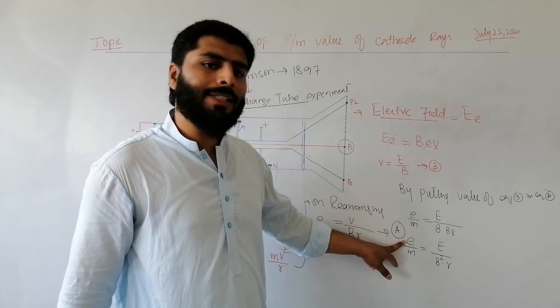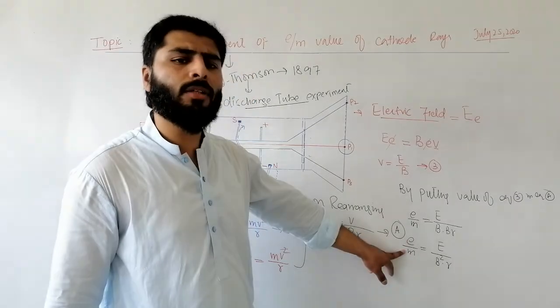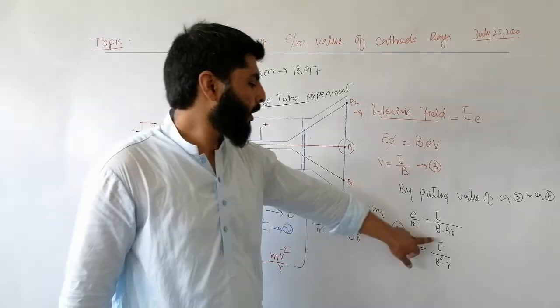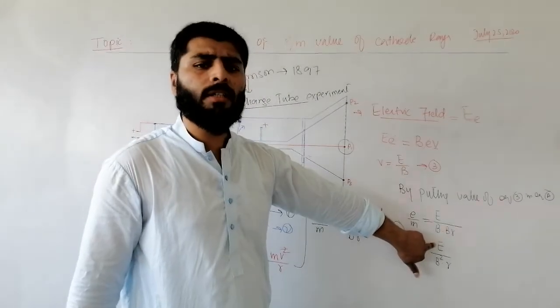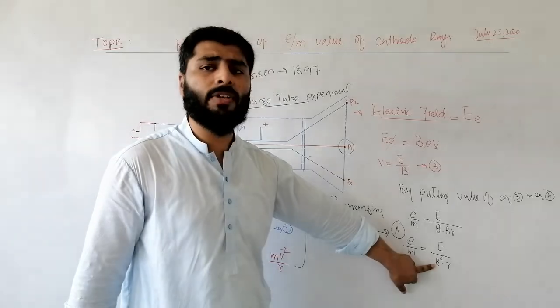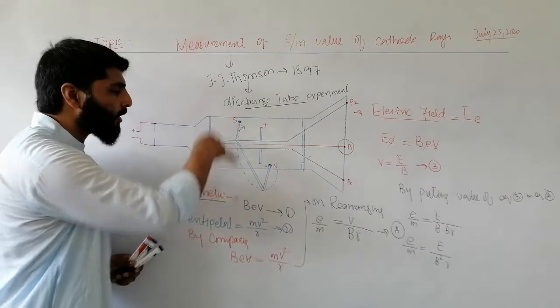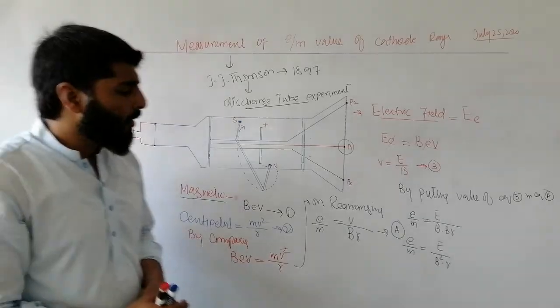What is e? e is the charge of the cathode rays or charge of electron. m is the mass of cathode ray or mass of the electron. Capital E represents the strength of applied electric field, and B represents the strength of applied magnetic field, and R is the radius of the circular path.